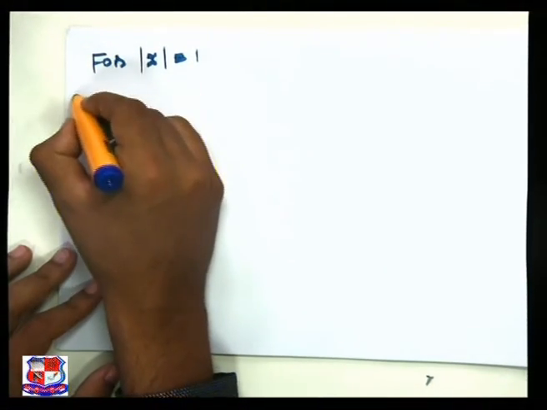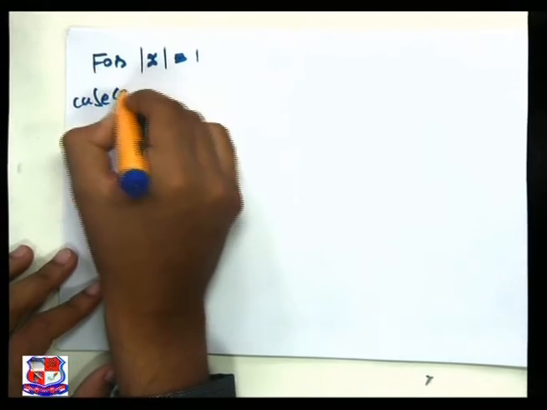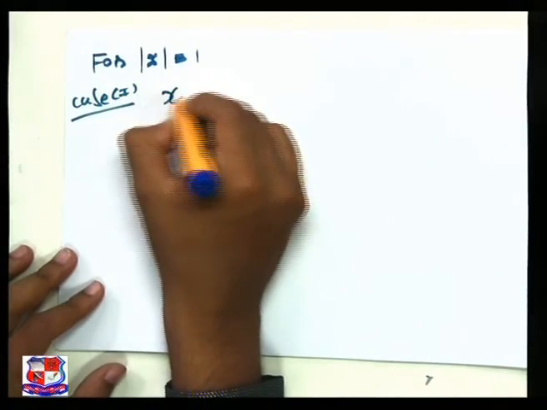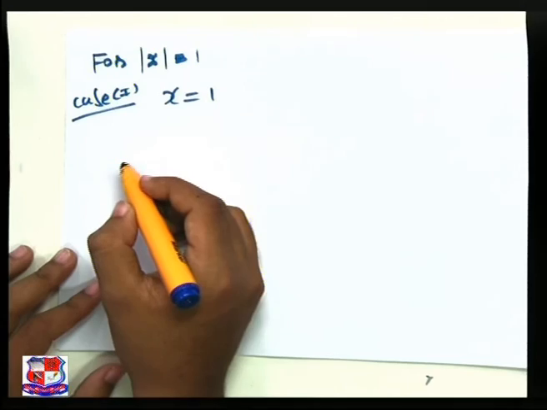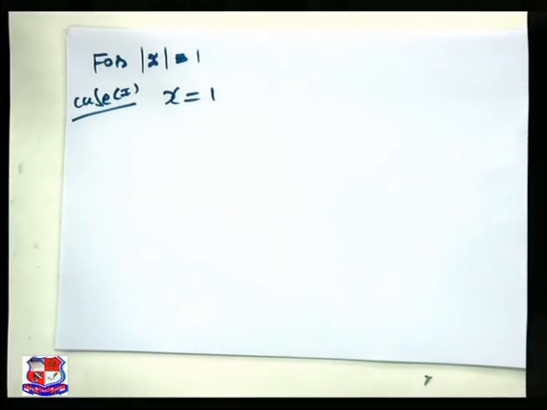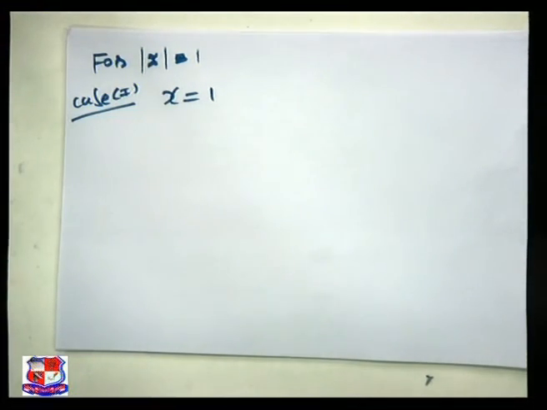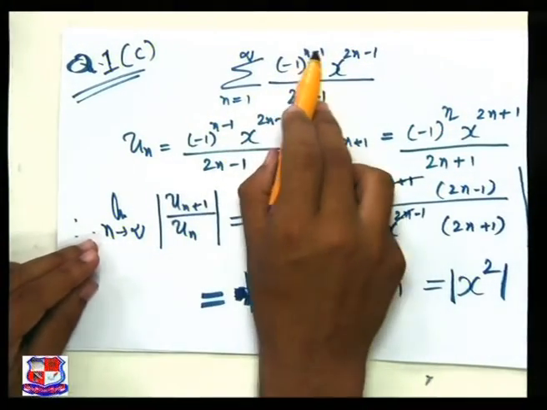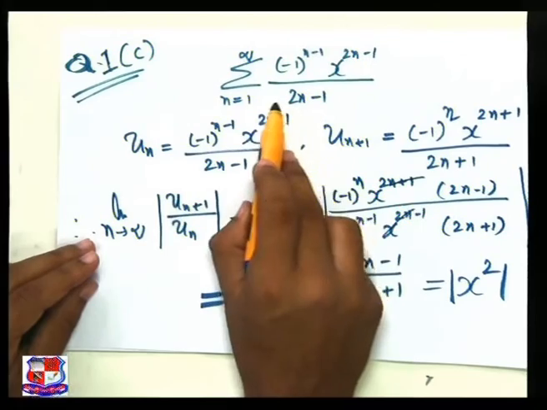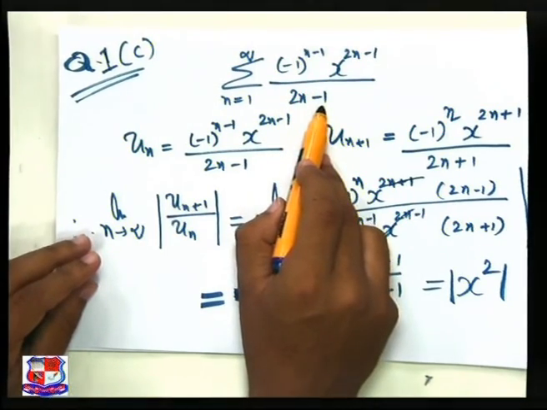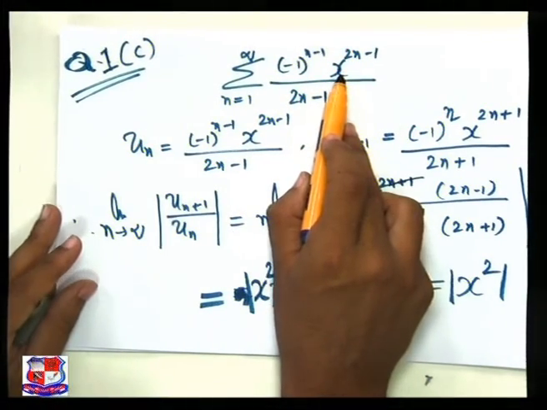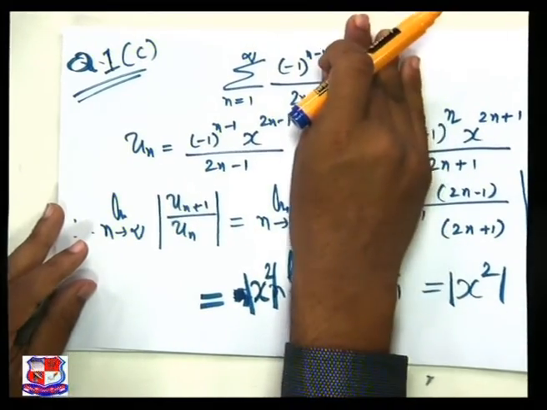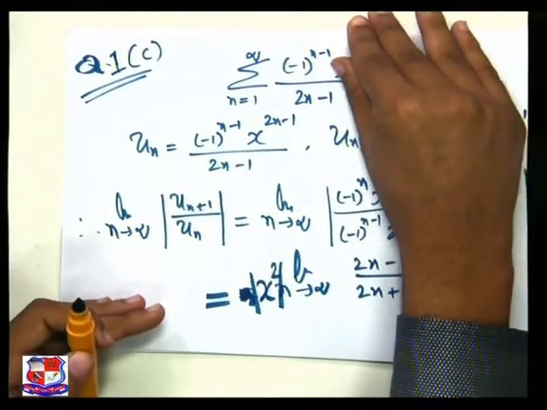So the first case, that is x equal to 1, right? Now you can see, x equal to 1. What is our example? This is our example: (-1)^(n-1) x^(2n-1)/(2n-1). Now put x equal to 1 here, so this term will be cancelled out, right?